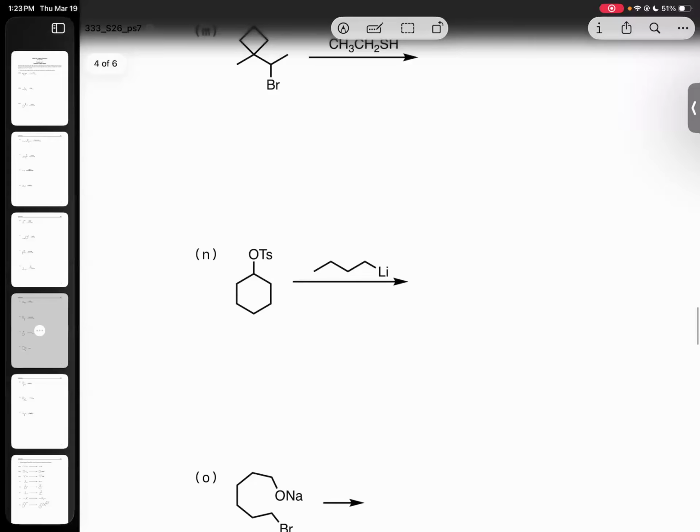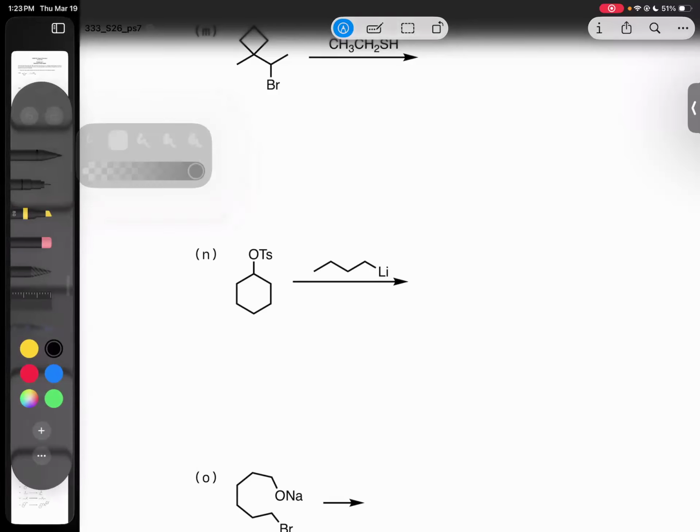Okay. So we have a tosylate, right? This is both of our new things from today. We have a tosylate, and we have butyllithium. I chose butyllithium because it's one of the most common ones. This is just a butyl anion with a lithium cation that we don't care about.